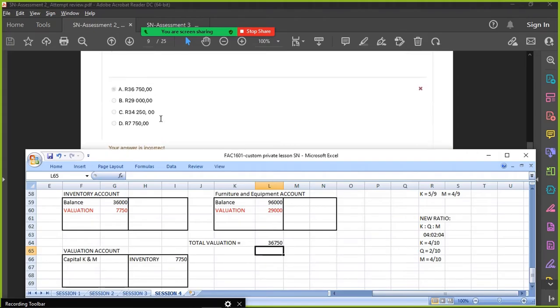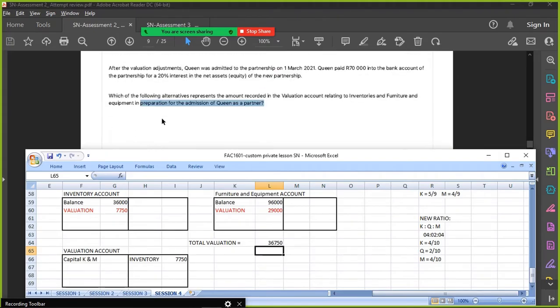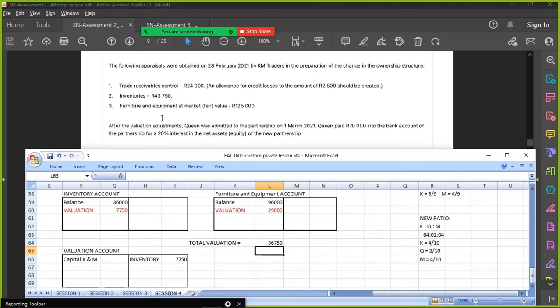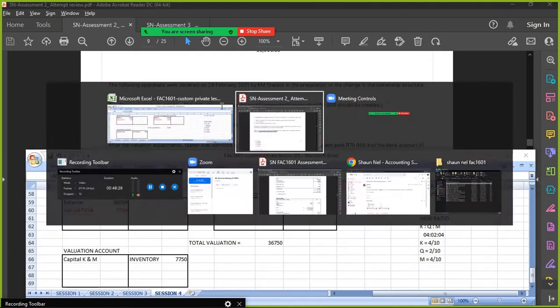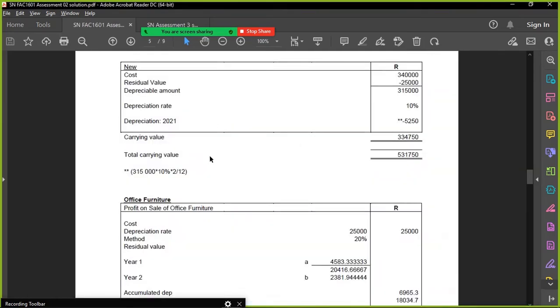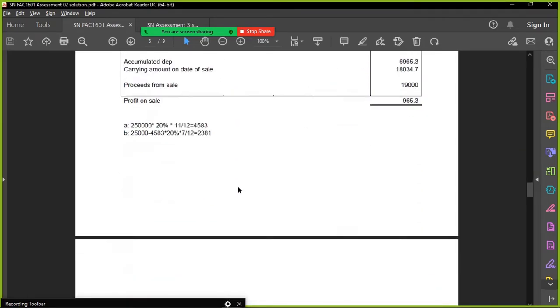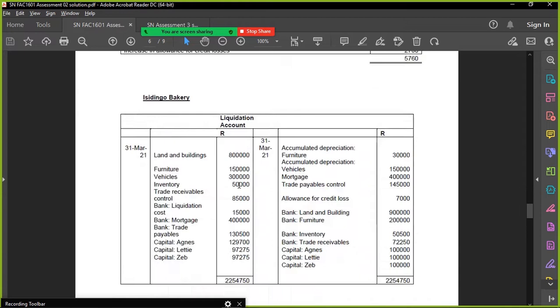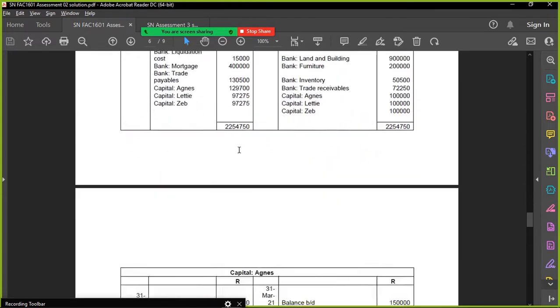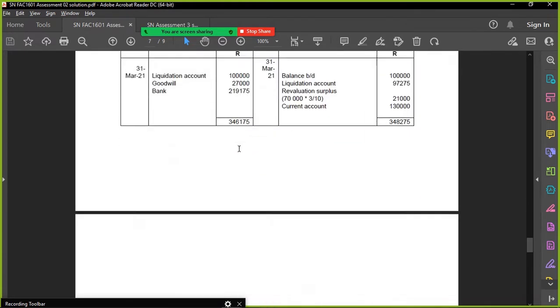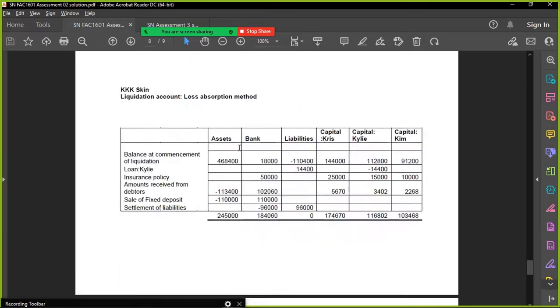Okay, that's very strange. Let's see. Answers, okay, here. Let's go down. Where's the liquidation? Okay, this is liquidation capital. This is the different partnership. Where's the other one?